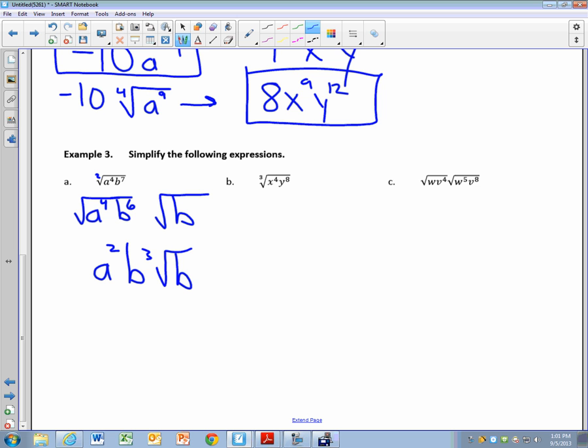So can you take the cubed root of x to the 4th, cubed root of y to the 8th? So what we have to do is create 2 separate cubed roots. One that we can, one that we can't. What do you put under the first one? X to the 3rd, y to the 6th.